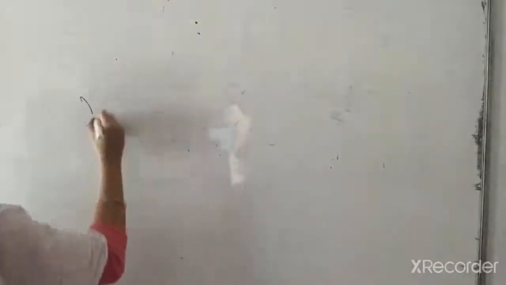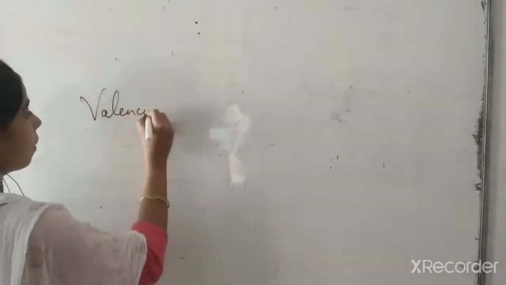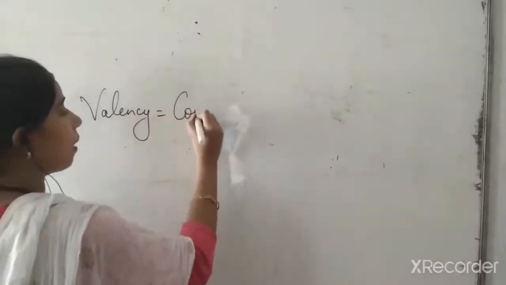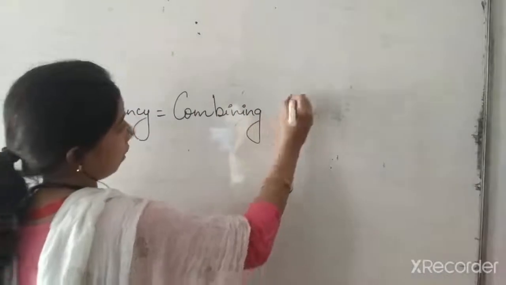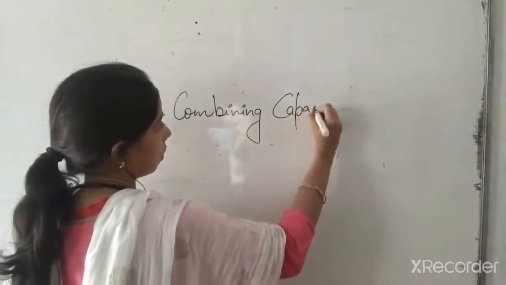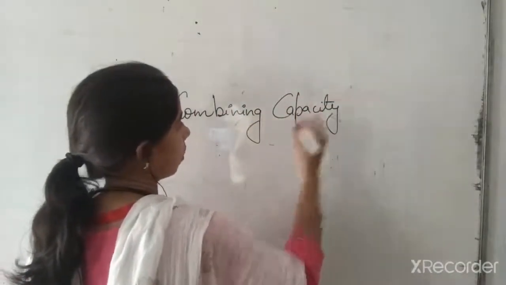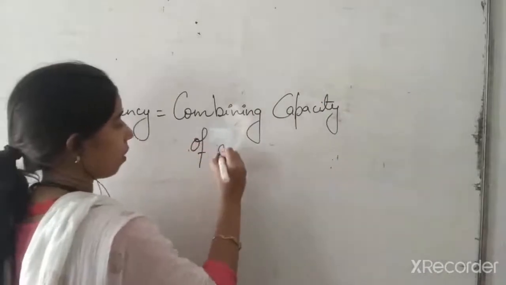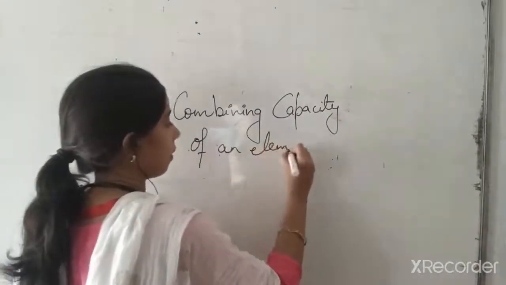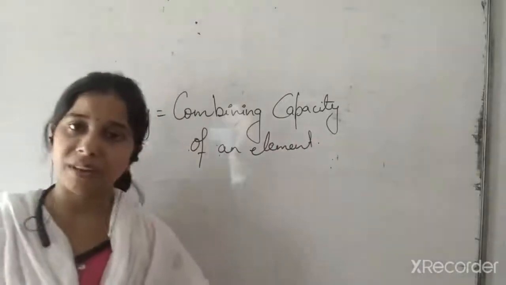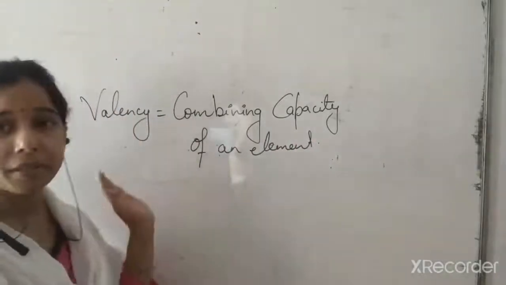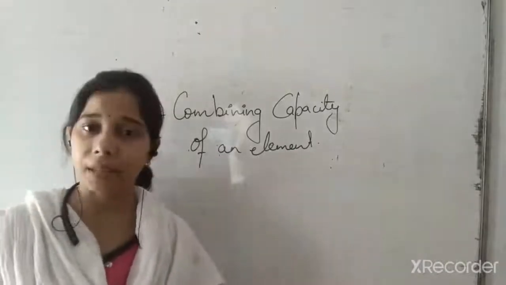So we can define valency as the combining capacity of an element. We will say that is the valency of that element.